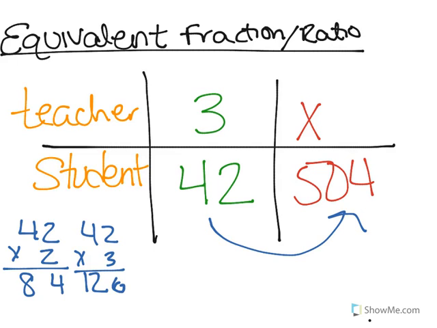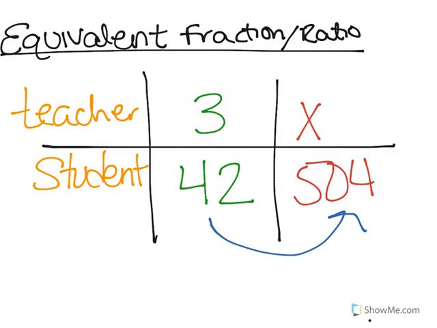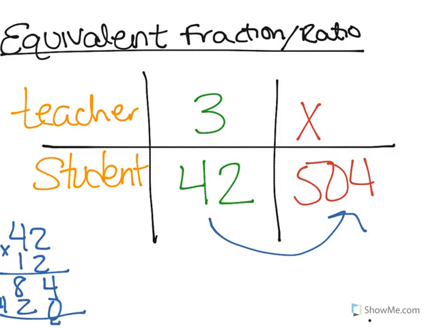So let me try a little bit higher than 10. Okay, so what about 42 times 12? I get 504. So 42 times 12 gives me 504.